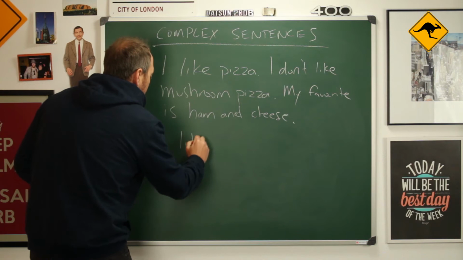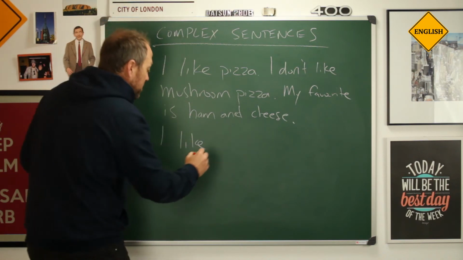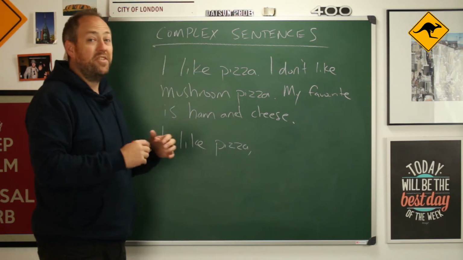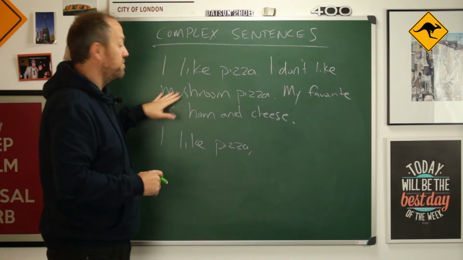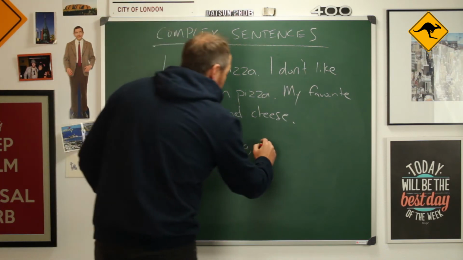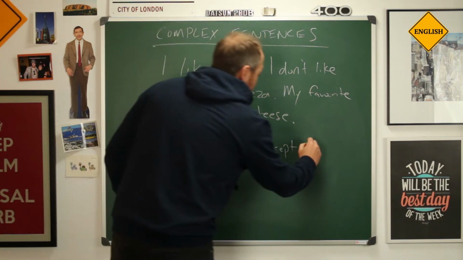Good. This is the main topic of the sentence. I like pizza. Now, instead of repeating the subject, we're going to link this mushroom pizza into here. So we can use except. I like mushroom pizza. Except, oops, sorry. I like pizza except mushroom pizza.